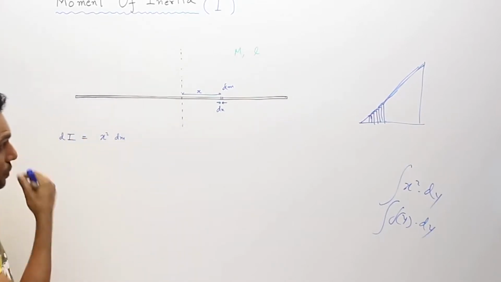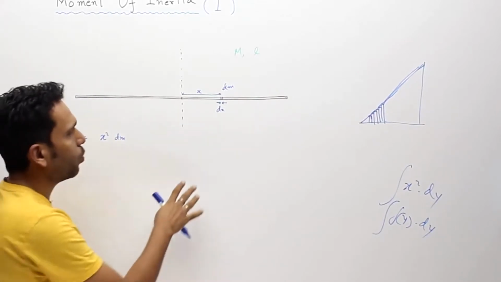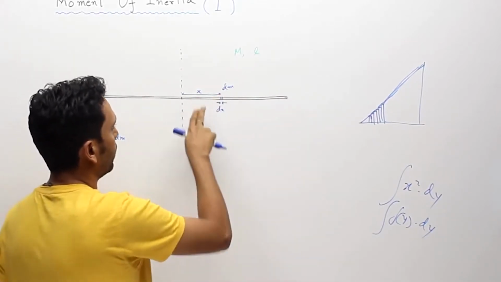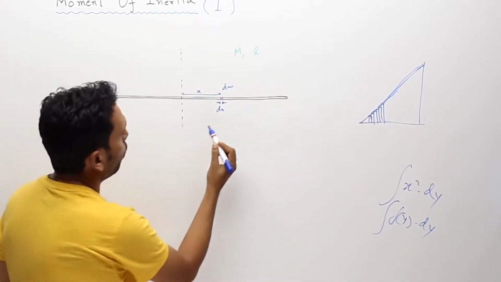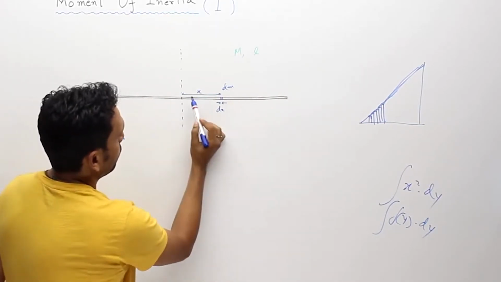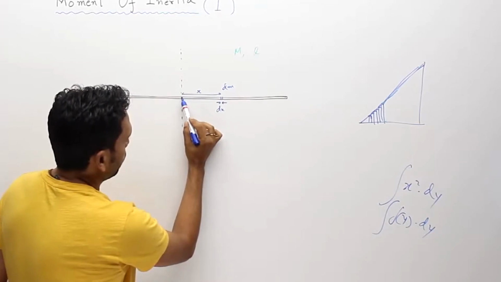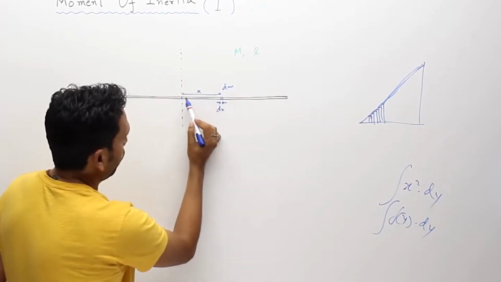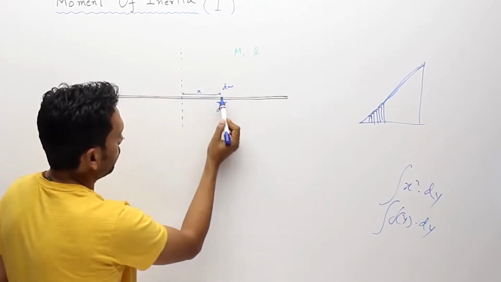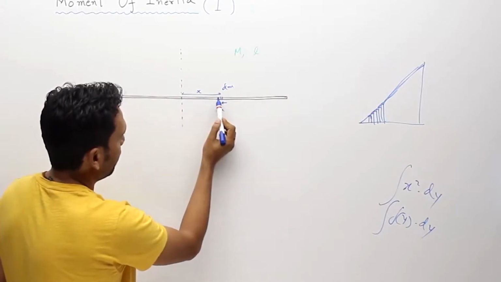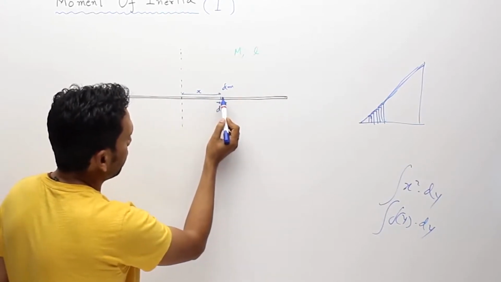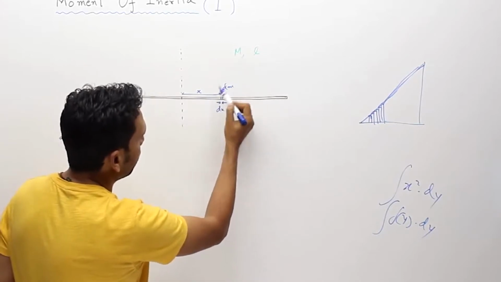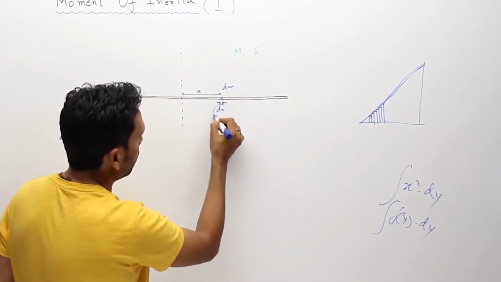So now coming back to this, what I was saying is your dm has to be related. Now how do you take your dm? Since the variable you have taken, which depicts the distance of the particle from the axis, is x, you will go a little more than x to choose your next mass, and that little more is called dx.